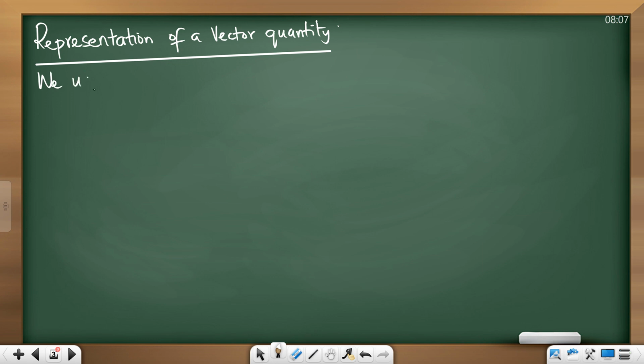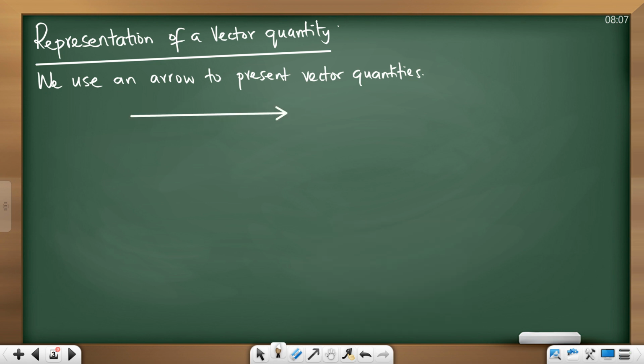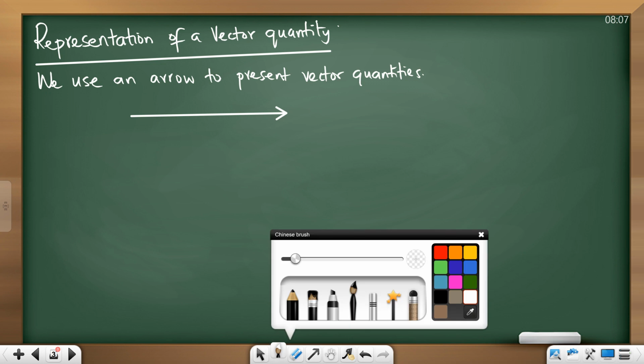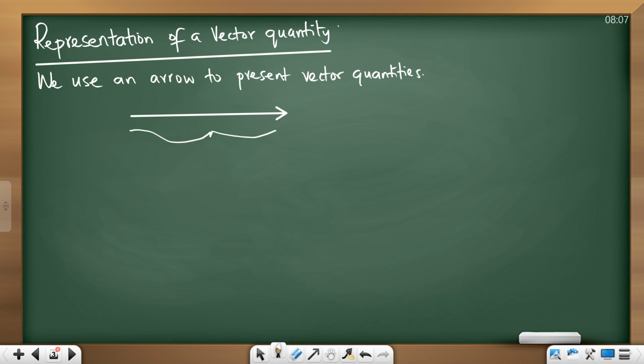We use an arrow to represent vector quantities. So you have an arrow there. This particular part, which is the tail, represents the magnitude, which is the size.